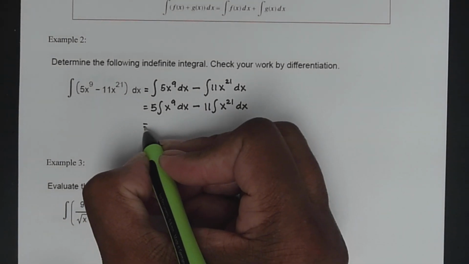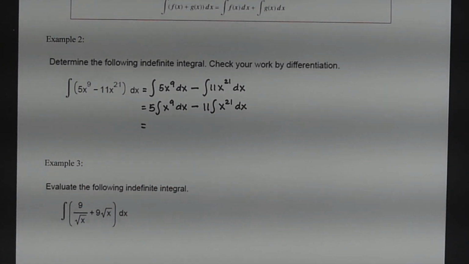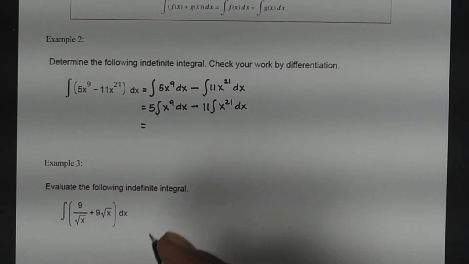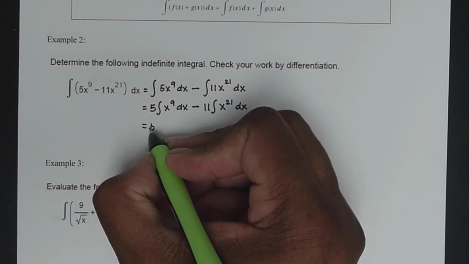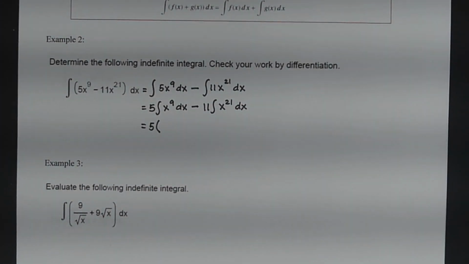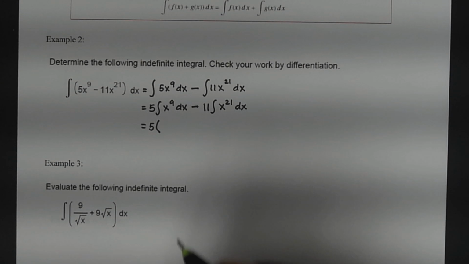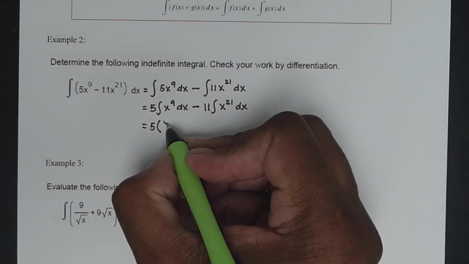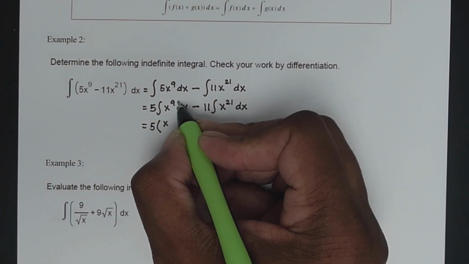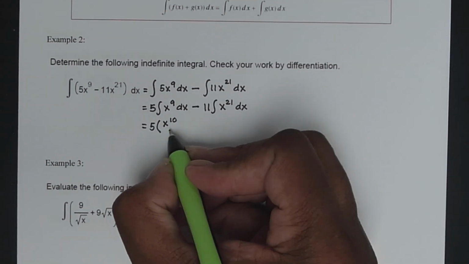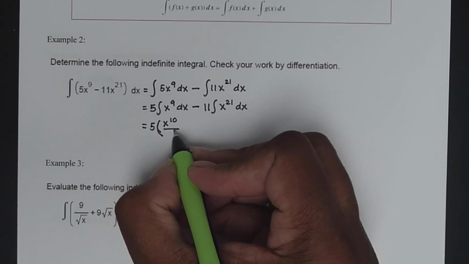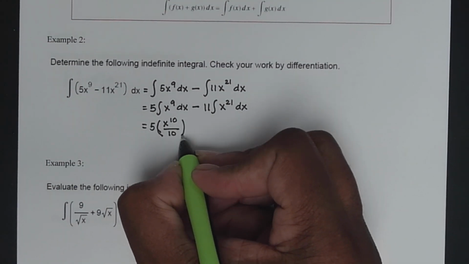And from here, we can apply that power rule for each of these integrals here. So I'll bring down the 5. So to integrate x to the 9 dx, I increase the power by 1, so it'll be x to the 10, since 9 plus 1 is 10. And then that's divided by that new exponent, which is 10.